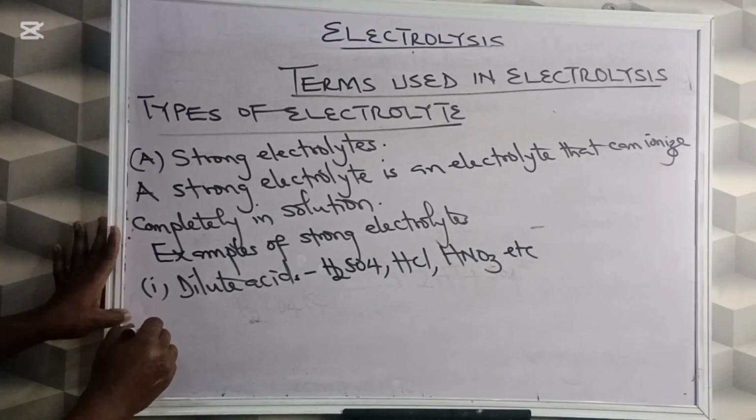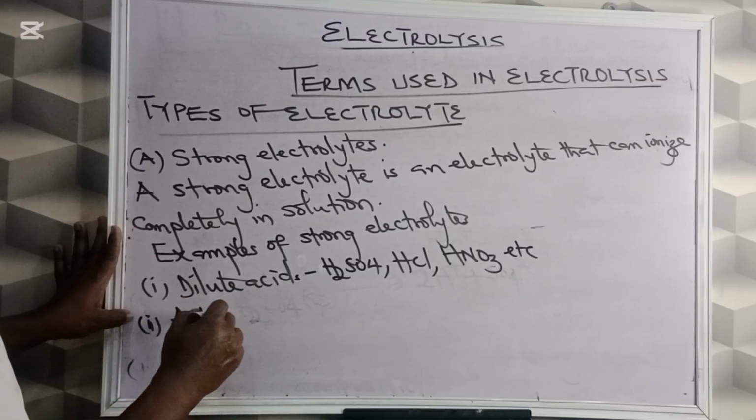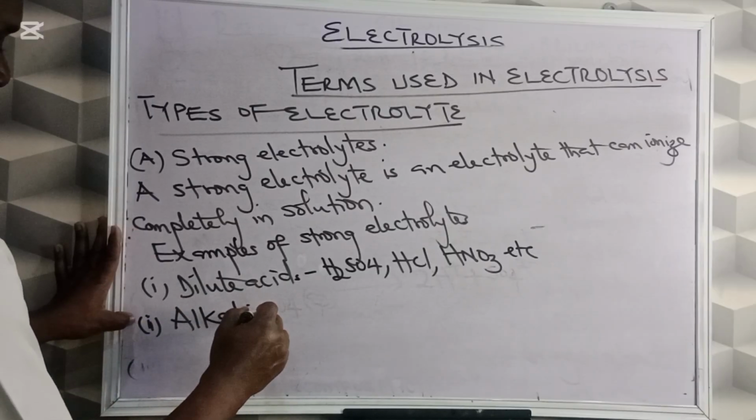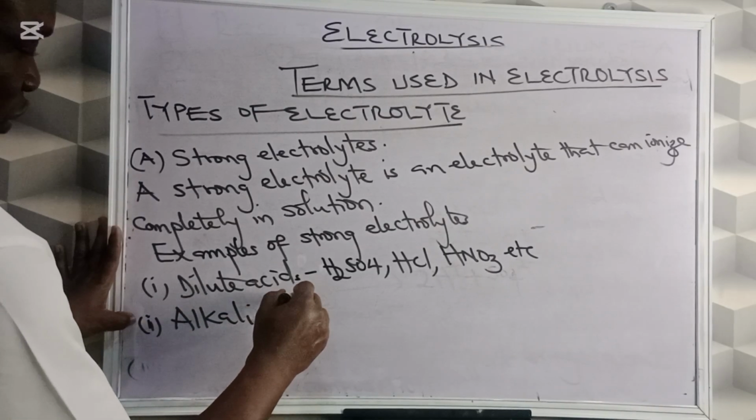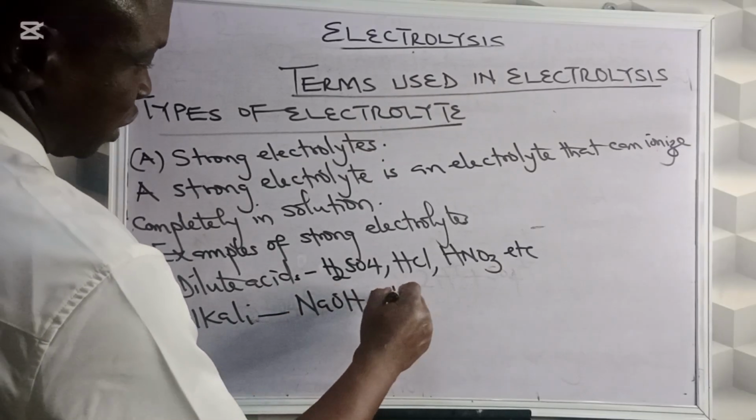Two, we talk of alkalis, for example the ones that are strong bases, sodium hydroxide and potassium hydroxide.